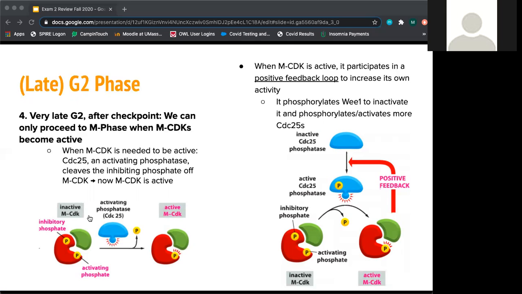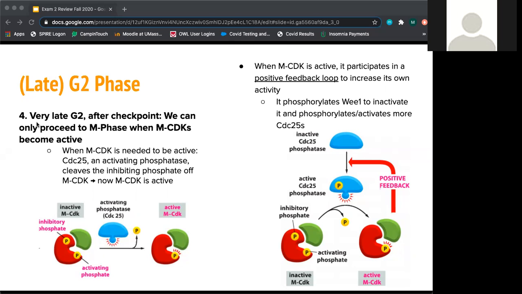So CDC25, which is the activating phosphatase, cleaves the inhibitory phosphate off of M-CDK. So here you can see at the bottom that the M-CDK has the inhibitory phosphate. The CDC25 comes in and takes out the phosphate, which leaves you with the active M-CDK.